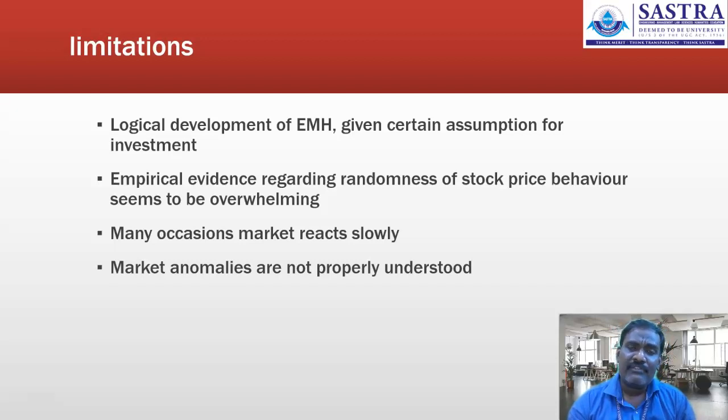That is a limitation associated with the efficient market hypothesis. And the next one: on many occasions the market reacts slowly. We can't expect the impact to happen in the same time period. For example, in the previous one I took, the State Bank of India announced its final result and declared its profit, which increased 70% compared to the previous year.